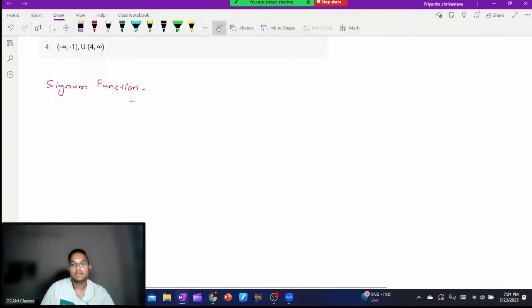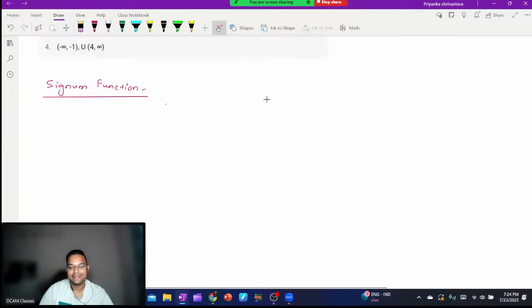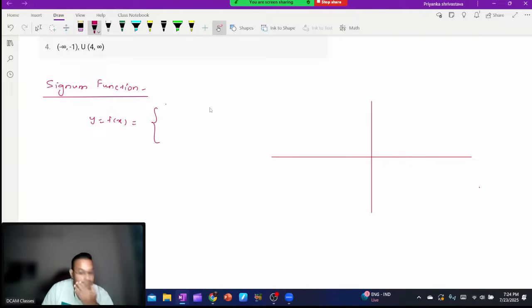A function. Mod of x by x, sir. Signum. Very good. It will be SGN of x. So signum function is y is equal to. Graph will be like from here y equals 1, y equals minus 1. But there is a catch.